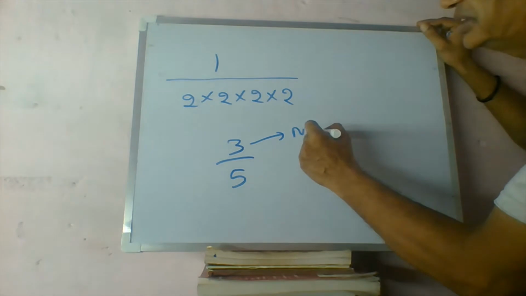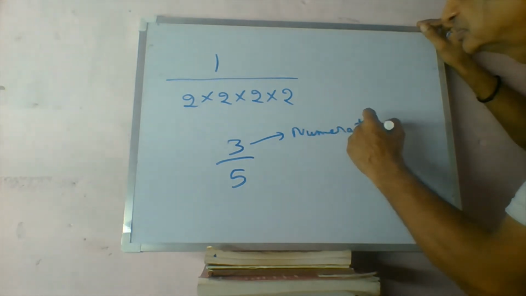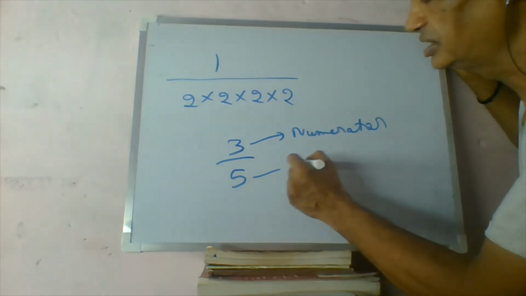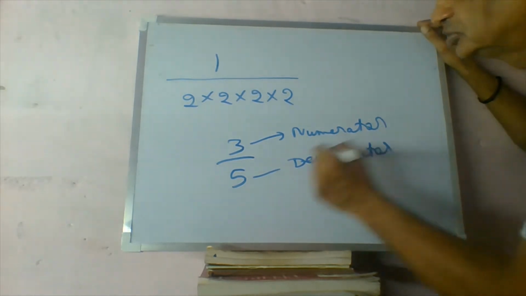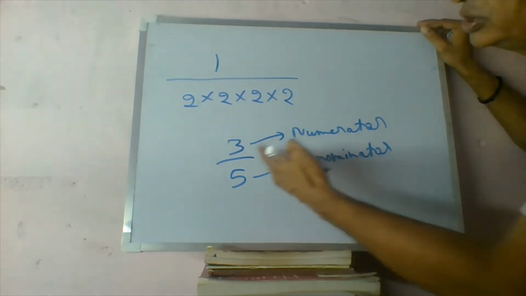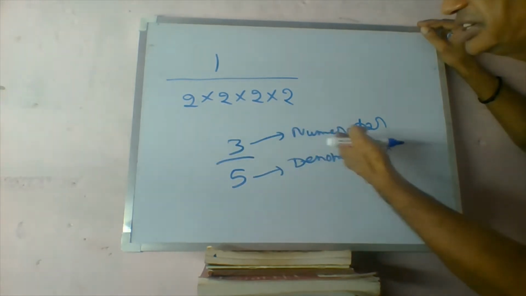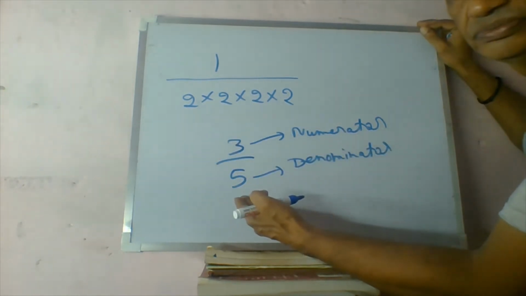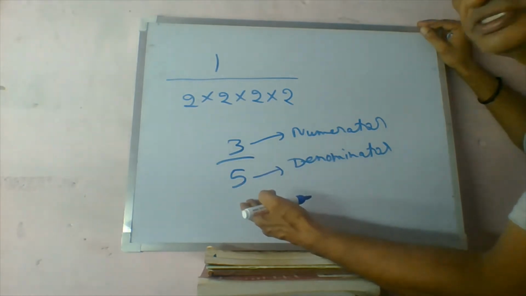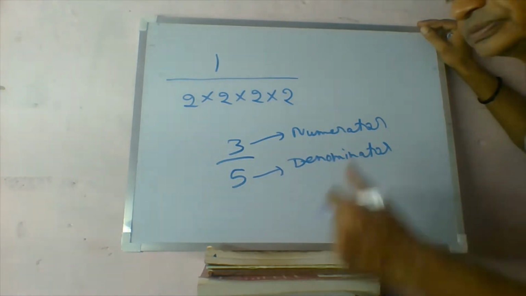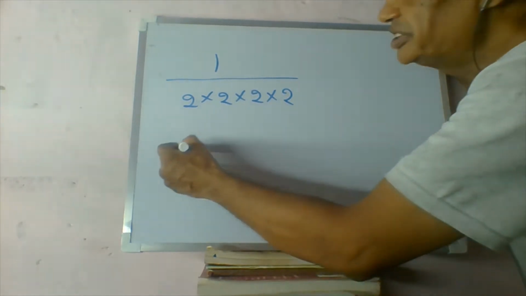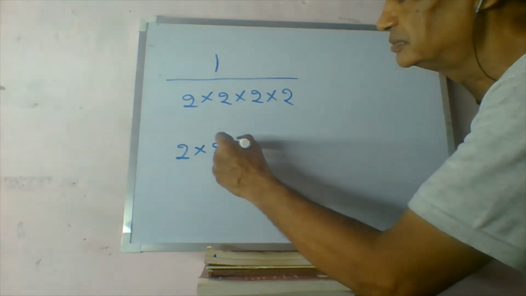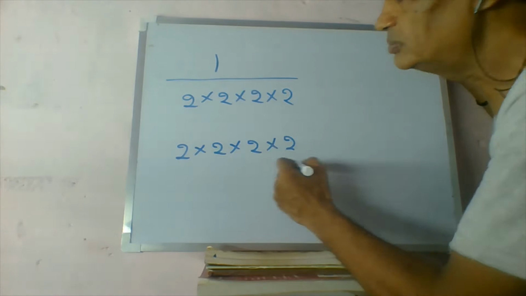Here, this is the numerator and this is the denominator. So, in a fraction, the number on the top is the numerator and the number at the bottom after the division sign is the denominator. So far we were dealing with repeated multiplication in the numerator only.